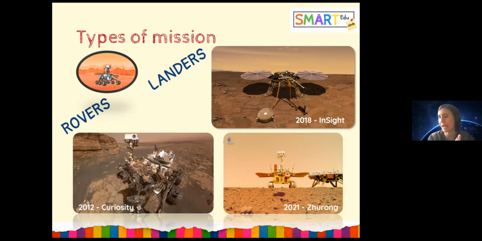So we know we landed on the moon, we landed on Mars with robots. Any other idea? Do you think we managed to land other robots somewhere else?